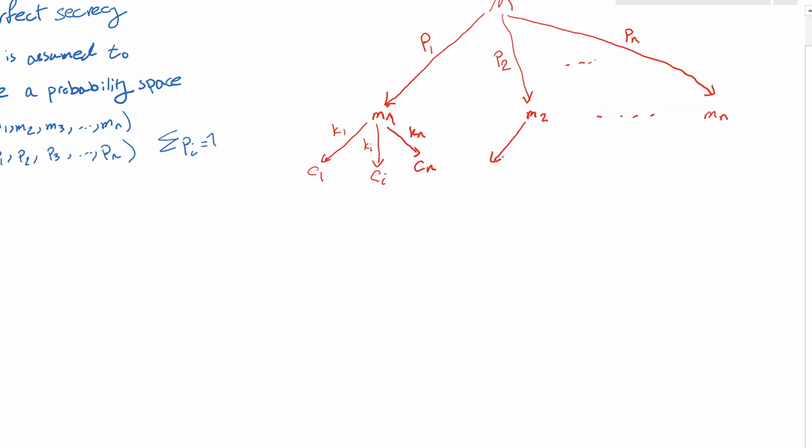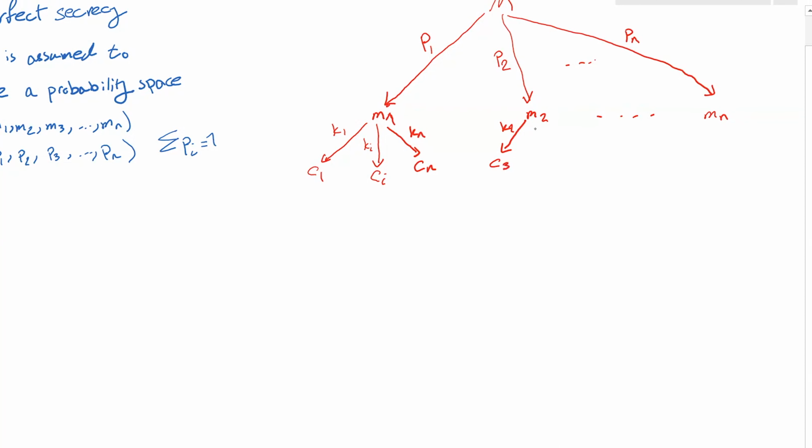Similarly, this is the situation that we would have for the second message. If, for example, I choose K1, maybe I would not call this one C1. Maybe I would just call this one C3.